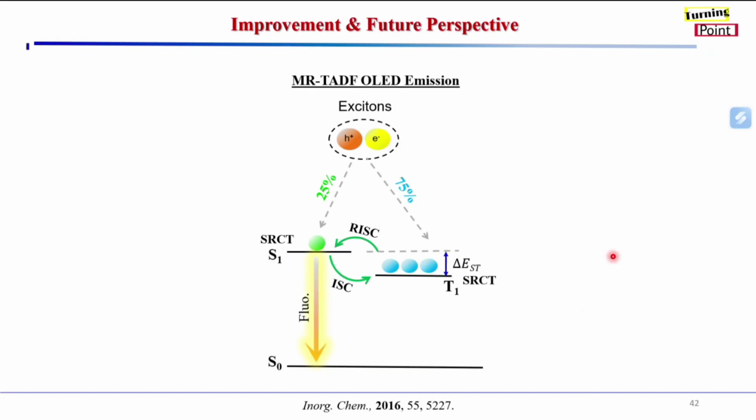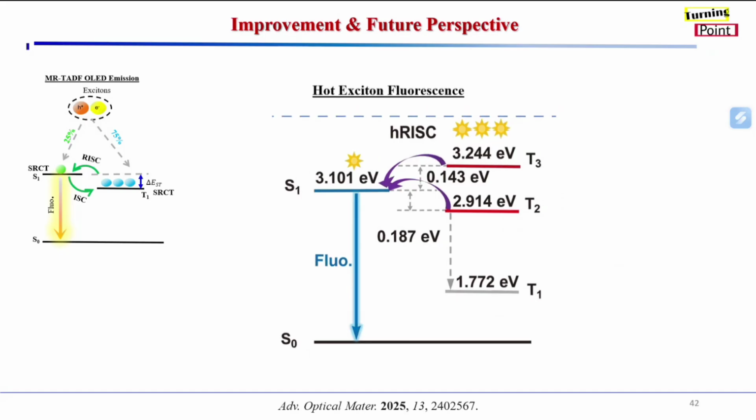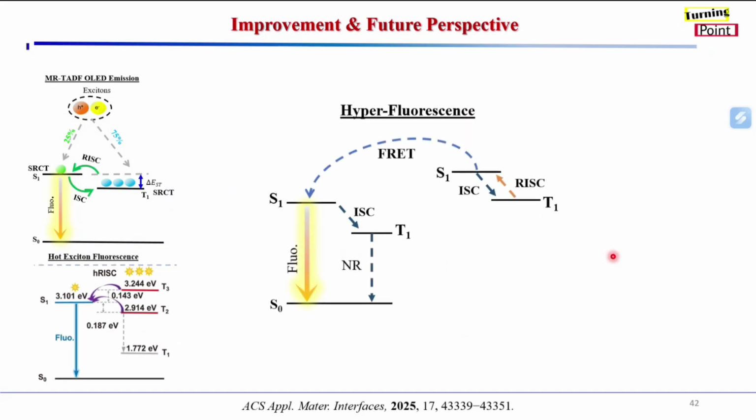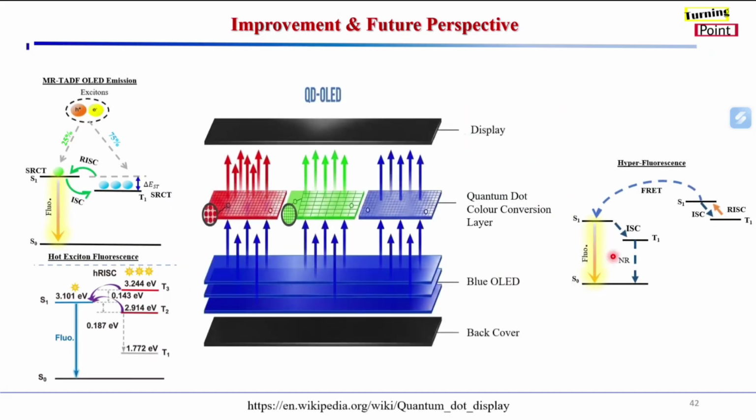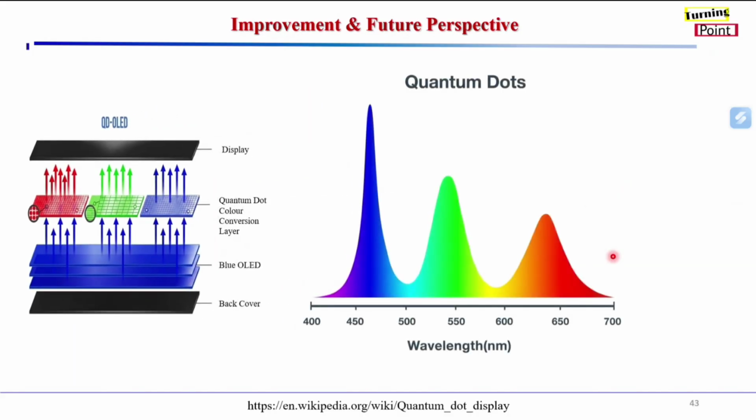So what we see is that the triplet annihilation process gives us an alternative approach to generate blue light emissions with good external quantum efficiency, but it does not fulfill the future stability requirement. Therefore, other emissive layers, like multiple resonance TADF OLED emitters, hot exciton fluorescence based emitters, hyperfluorescence based emitters, and also quantum dot OLED based emitters are extremely promising because they provide narrow band emission.